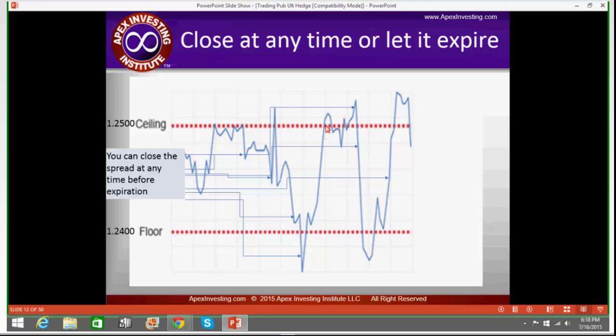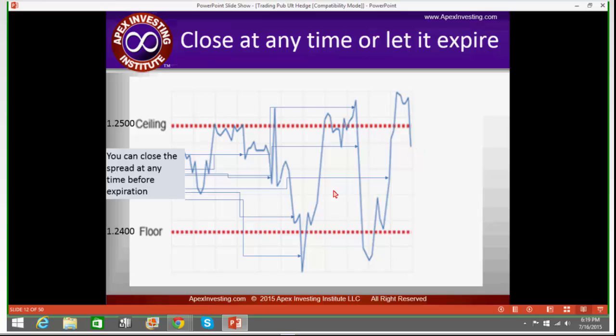Now, something to keep in mind with spreads, if it does go all the way up to the ceiling, we made our $90 max profit potential, correct? But what happens if it comes back down and we didn't close it out? Well, it's all about where we close it out or where it expires at. So if we bought for 24.10 and we just left this thing open, it went way up and then it came down and went way up and then came down and expired right here, say about 24.80.